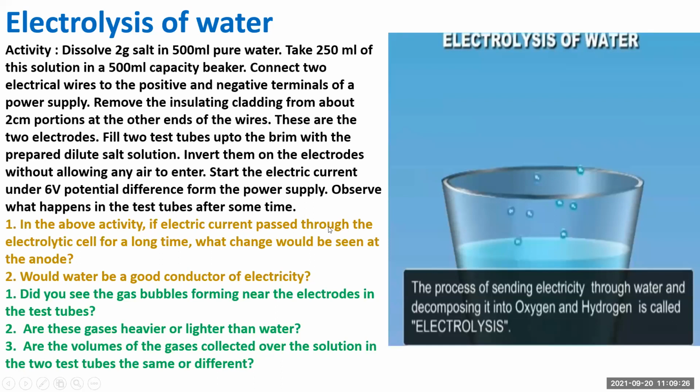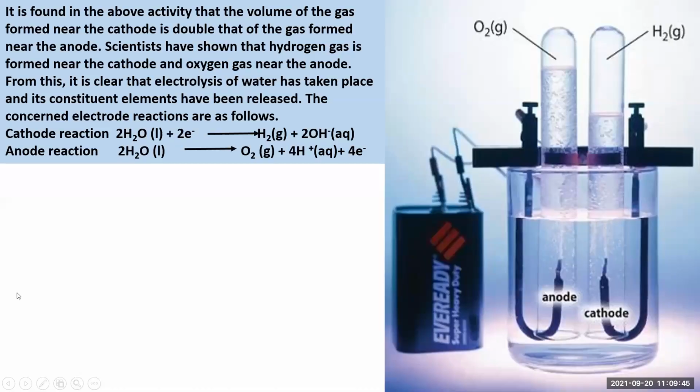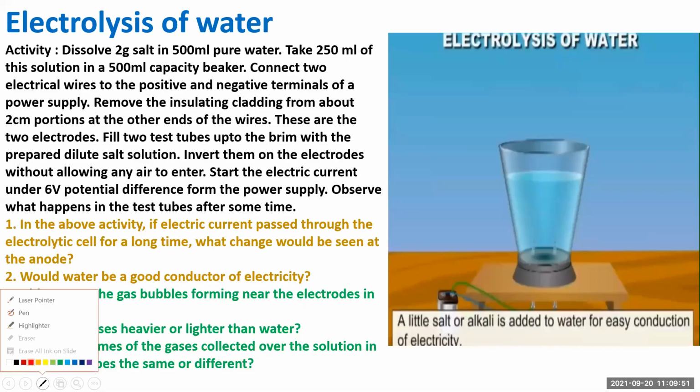In the above activity, if electric current is passed through the electrolytic cell for a longer time, what change will be seen at the anode and cathode? Gas gets deposited at the anode and cathode. The answer for this question is gas is deposited on the anode and cathode.